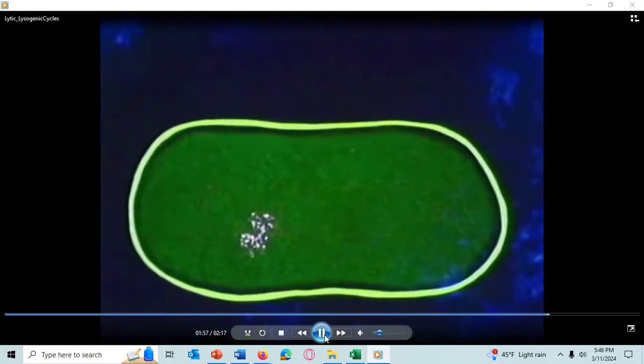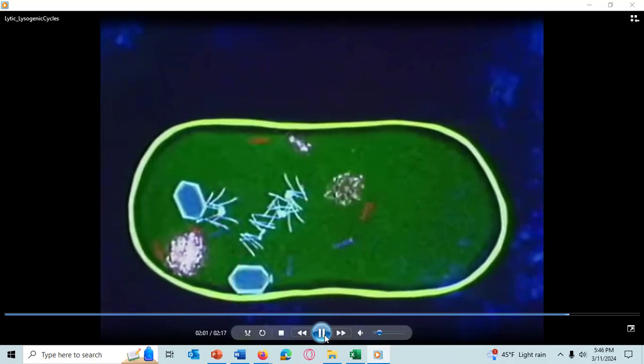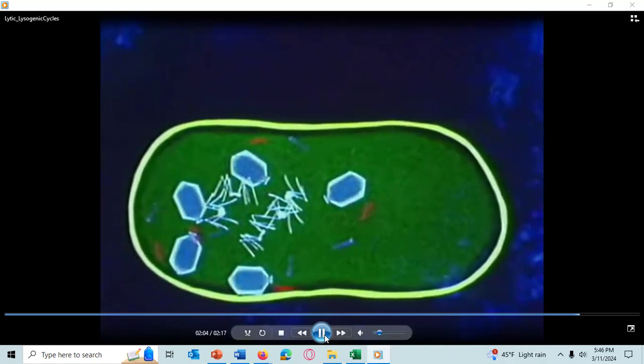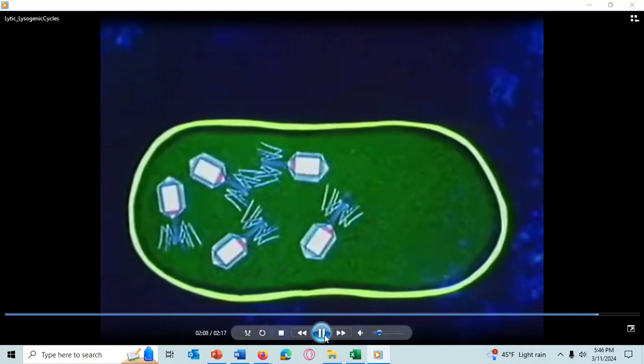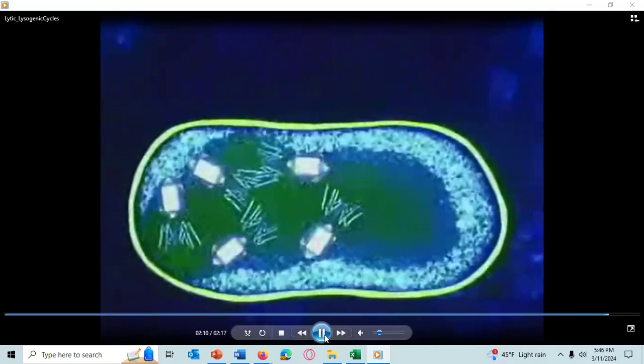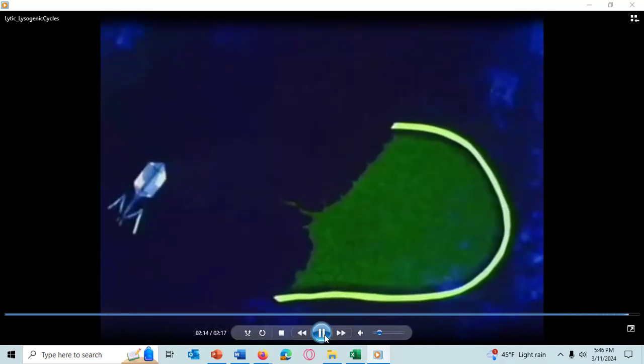Then suddenly, for reasons that are still unclear, the phage DNA activates, and the destructive lytic cycle begins. Once again, the host cell is destroyed, and a new generation of phage are released to invade new hosts.